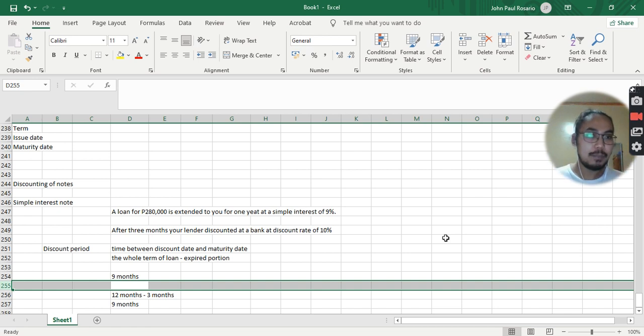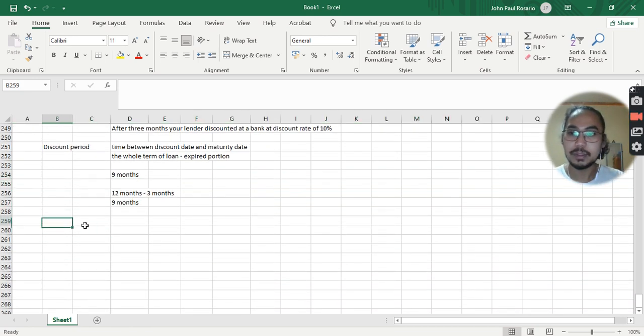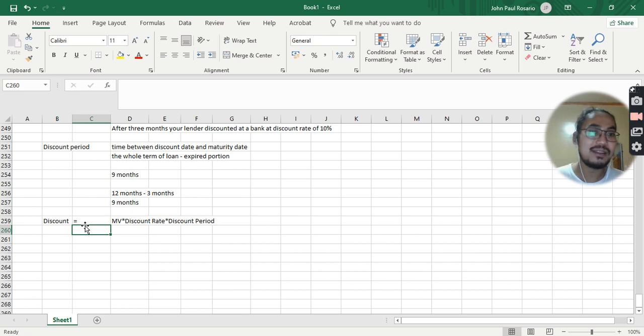Now, in computing for the discount on the discounted simple interest note, discount is equal to maturity value, multiplied by the discount rate, and then multiplied by the discount period. Now remember that for simple interest notes, our maturity value is principal times 1 plus RT.